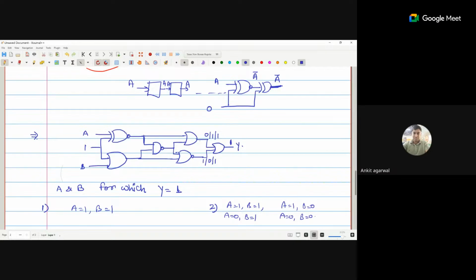Okay, so it will be 0. Both will be 0 and it will be 1. Again 1. Yeah, for all the cases.